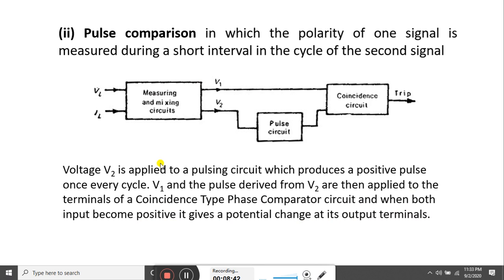That is how we can operate the coincidence type phase comparator with this circuit diagram, in which we have a pulse circuit applied, so we can have both signals in either positive or negative polarity, and that can be applied to a coincidence circuit. So this is the second measurement circuit of the coincidence type phase comparator.